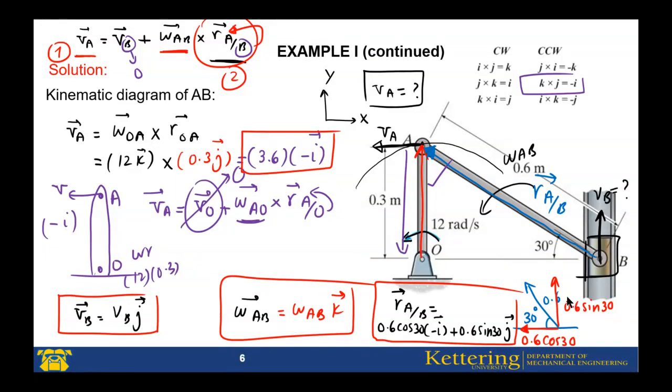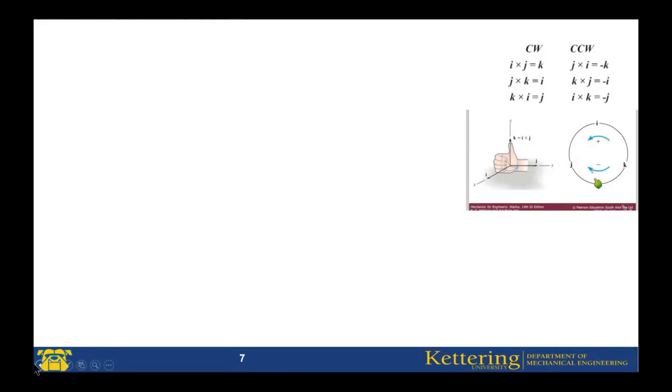Then move to the next slide. If you want me to stop, just let me know. Now I will write again for some of you also following. VA equals VB plus omega AB cross product of the RA with respect to B. VA is minus 3.6 i. VB is VB in the j direction.